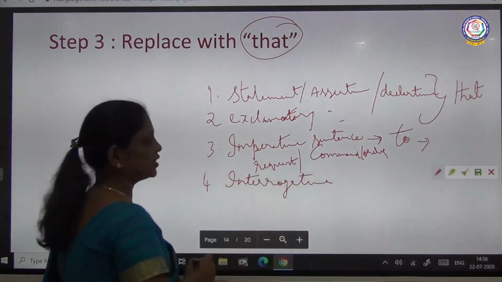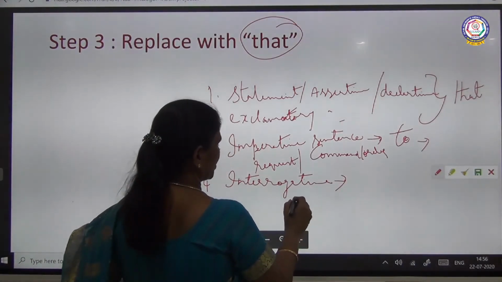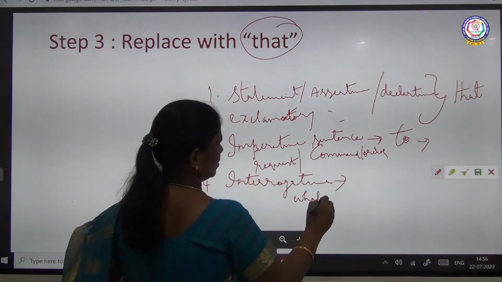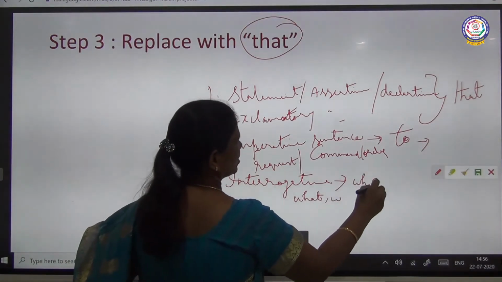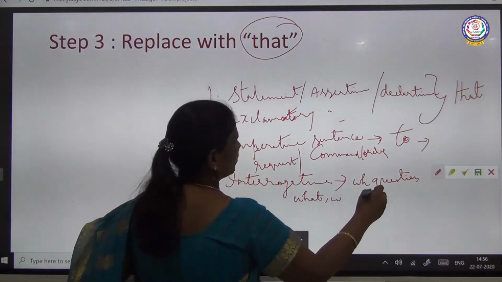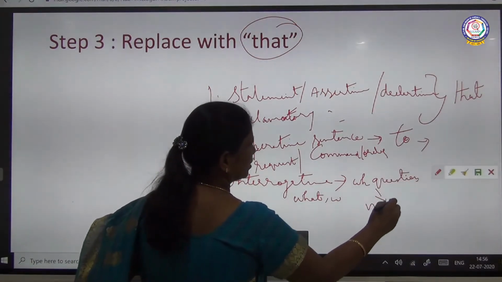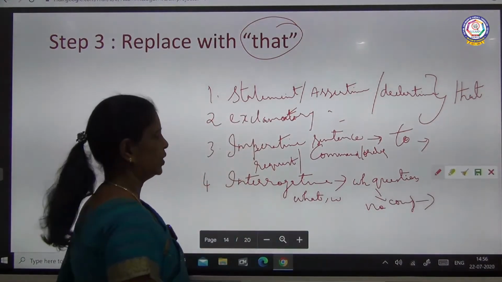This interrogative sentence with WH questions, what, when, like that, will have no conjunction. It has an allergy with conjunctions, I told. Okay.